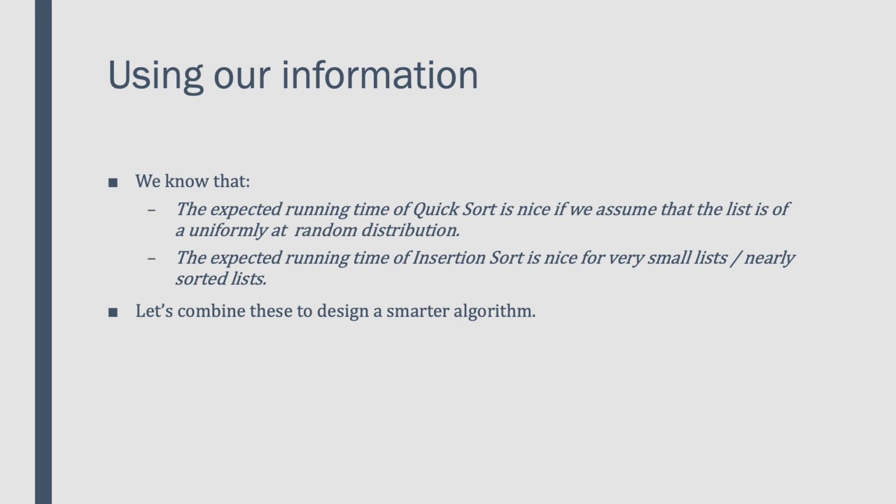If we combine these two, we can combine quicksort's efficiency for large data sets with insertion sort's speed for small data sets. This leads to a well-known optimized algorithm, IntroSort, or a similar hybrid approach.